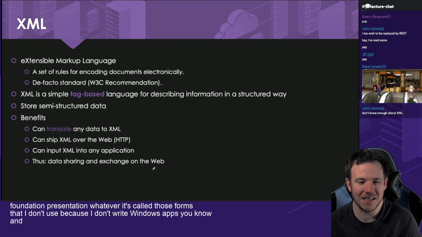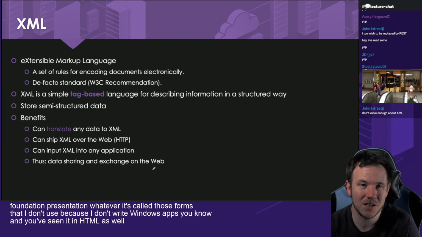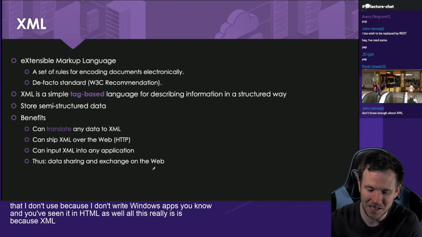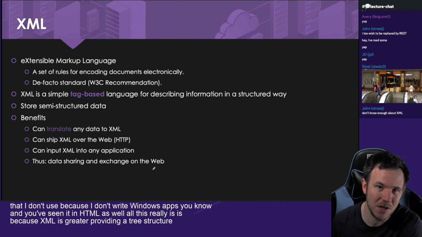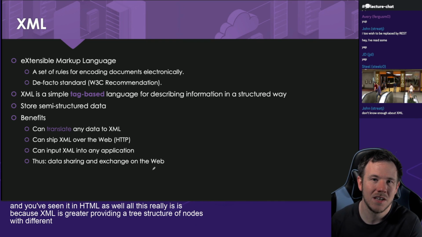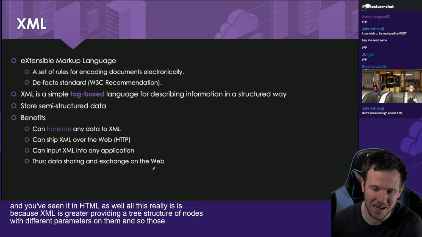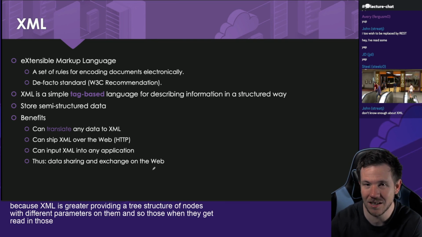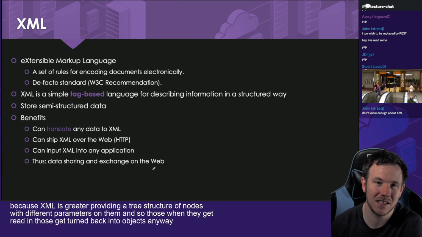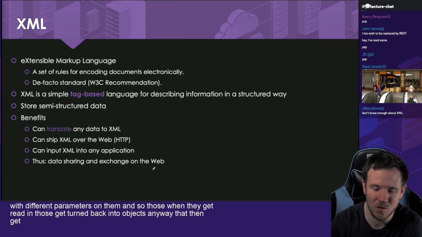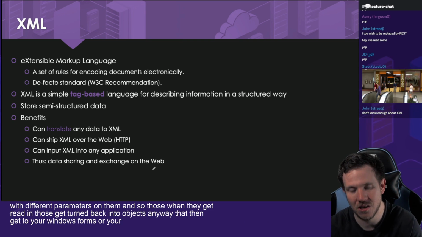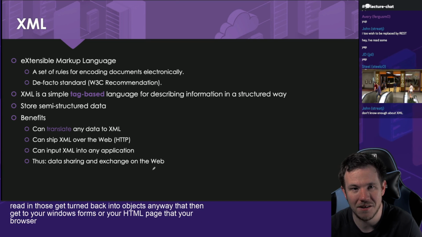And you've seen it in HTML as well. All this really is because XML is great at providing a tree structure of nodes with different parameters on them. And so when they get read in, those get turned back into objects anyway, that then get turned into your Windows forms or your HTML page that your browser renders.